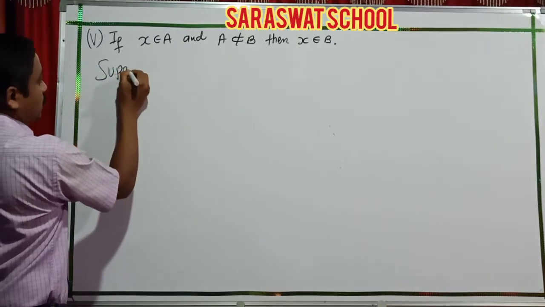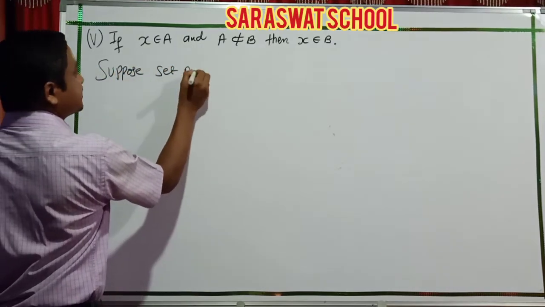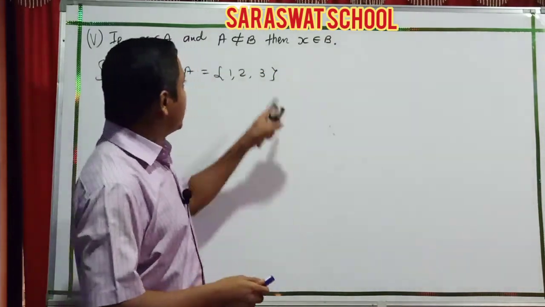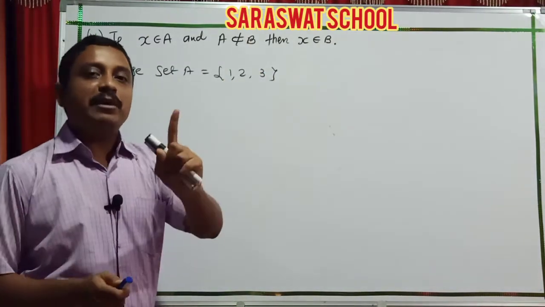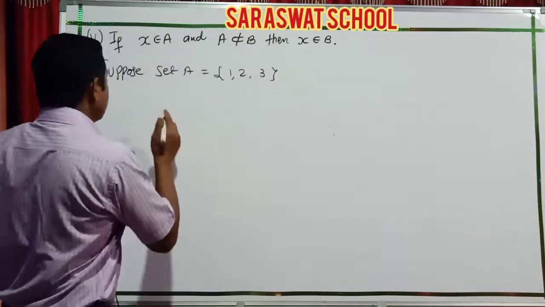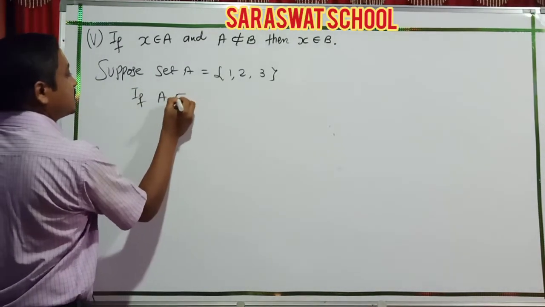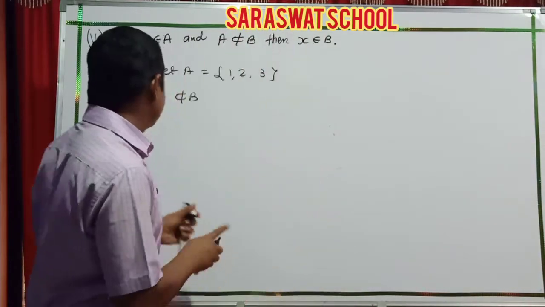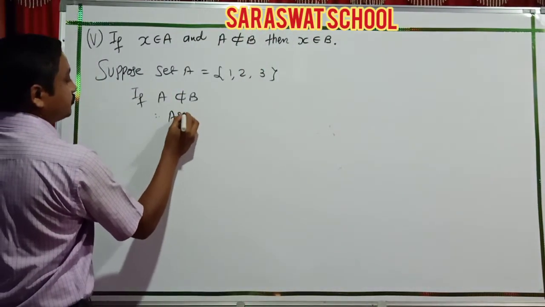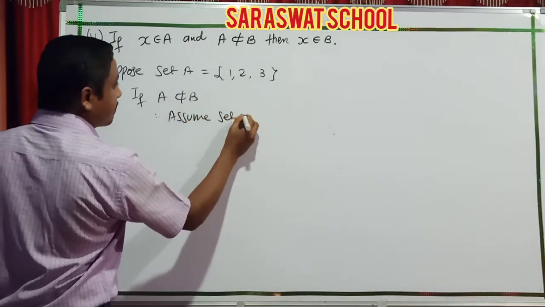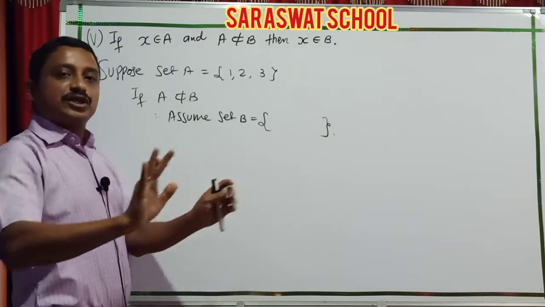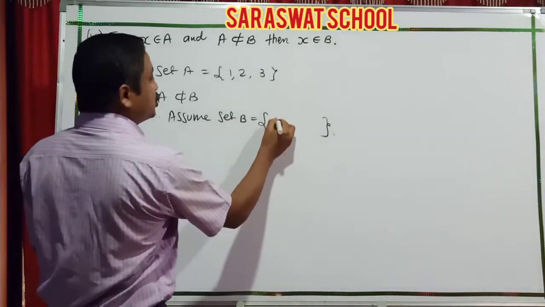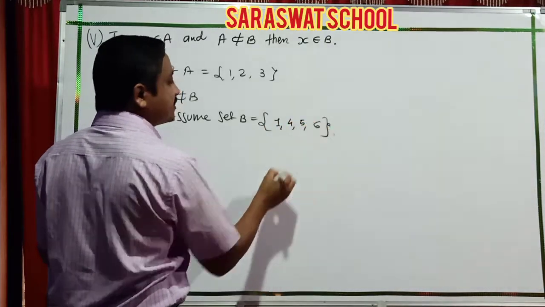Suppose set A, I just assume, students, 1, 2, 3. Okay. Now A not a subset of B means not every member of A is present in B. If A is not a subset of B, therefore I suggest set B. Assume set B as you like, any numbers you suggest, but not all the numbers 1, 2, 3 of A present in B. So here just an assumption: 1, 4, 5, 6, any.